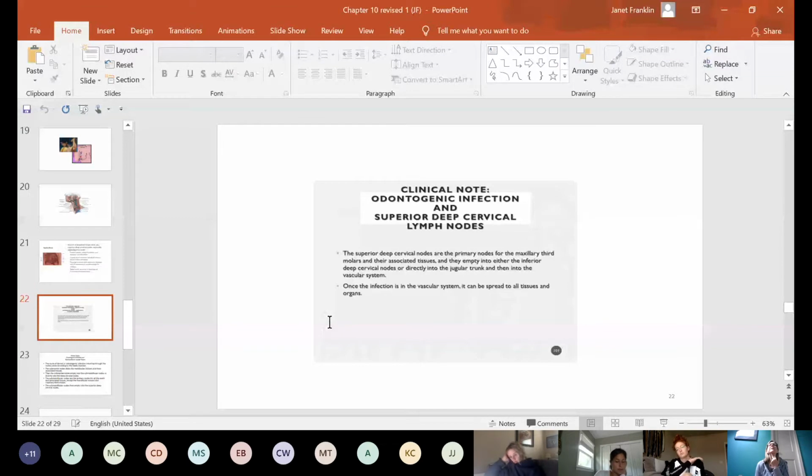The submental lymph nodes are then going to drain back to the submandibular lymph nodes, which are going to drain into the superior deep cervical lymph nodes. So just kind of trace them back. By the time an infection gets back there, the patient's probably going to be having difficulties with their tooth already. But think about your teeth and where they drain.